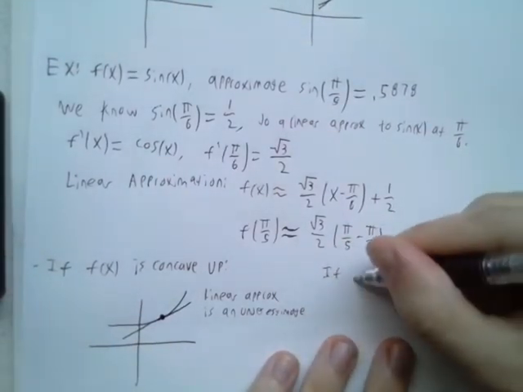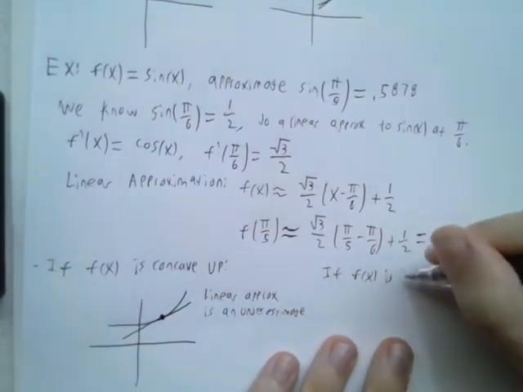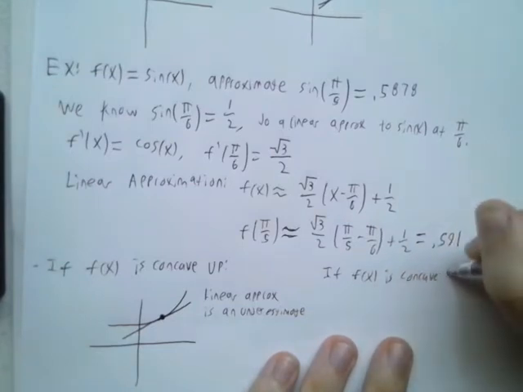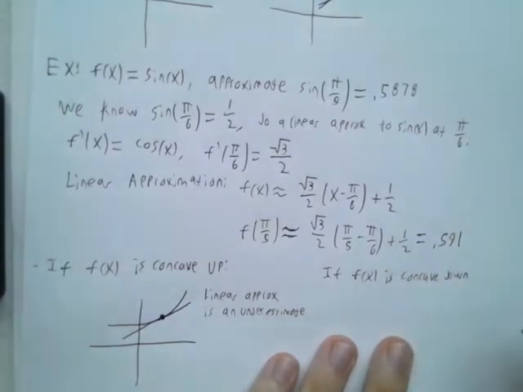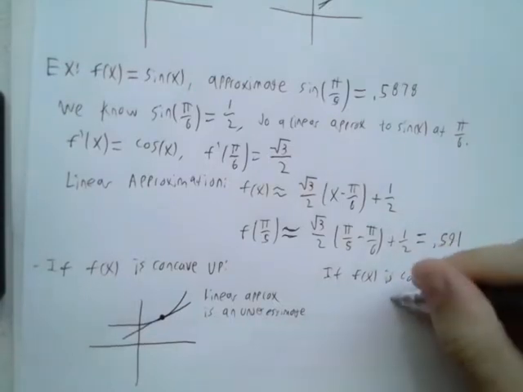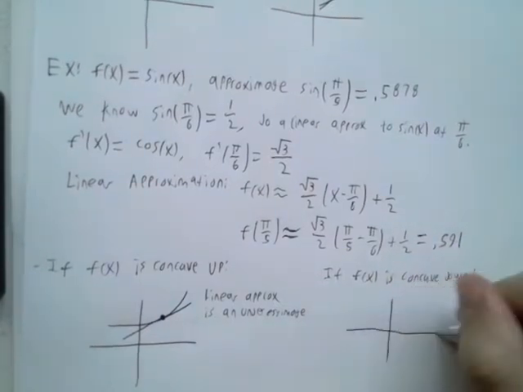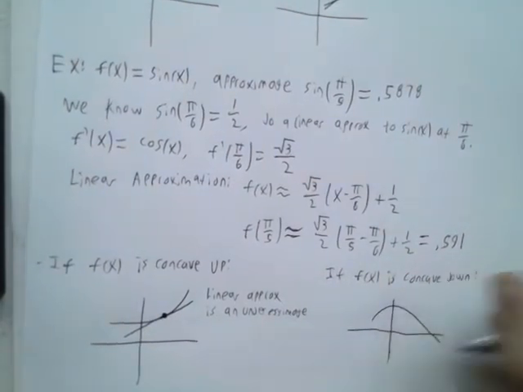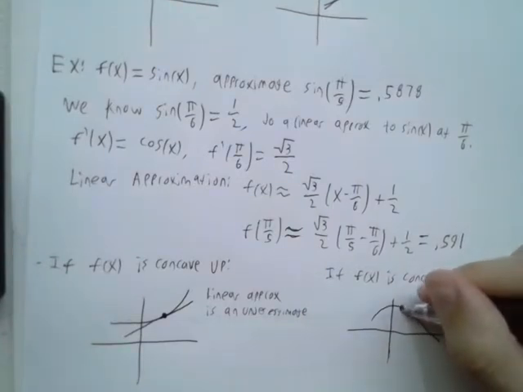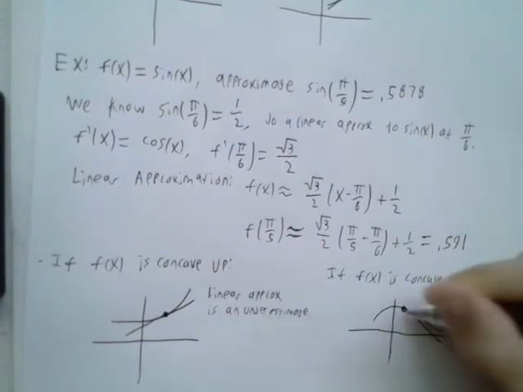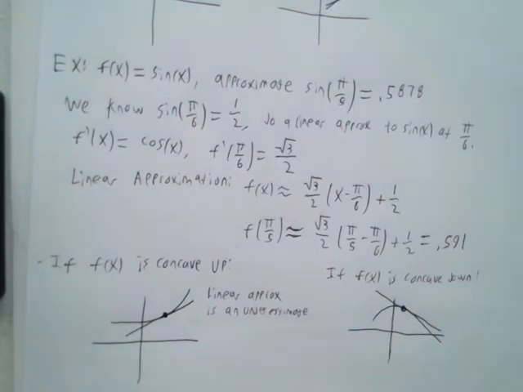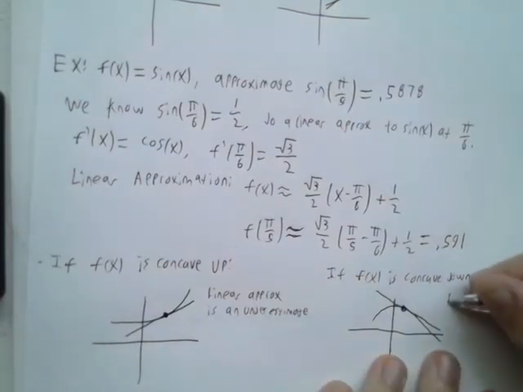On the other hand, if f of x is concave down, then we have a graph which looks something like this, and the tangent line is above the function. So in this case, the linear approximation is an overestimate.